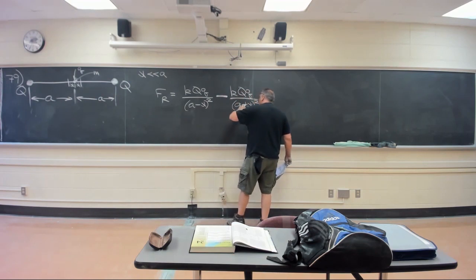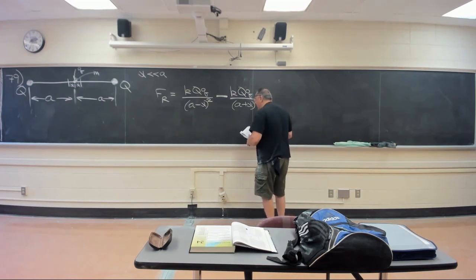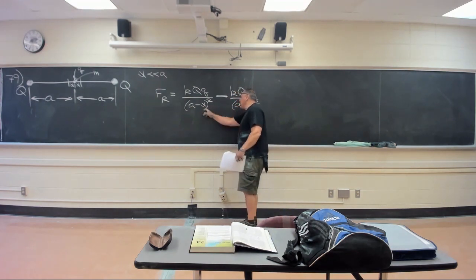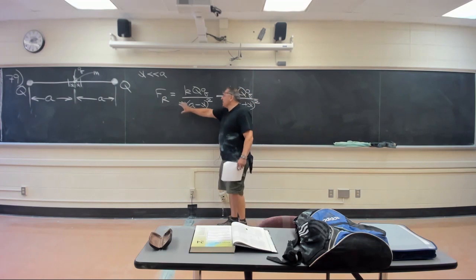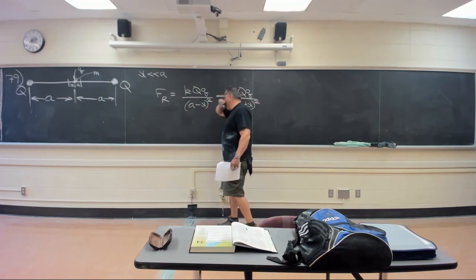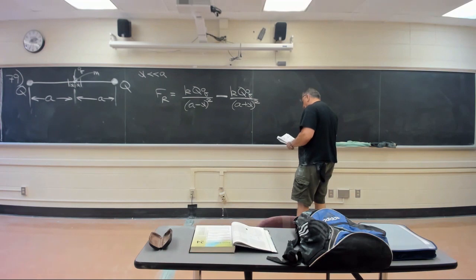Here, you're going to multiply by a special one called the quantity a minus x squared over a minus x squared. You're trying to get a common denominator. Well, multiply the two denominators together, and you get a common denominator. Then just do the special one, the quantity a plus x squared over the quantity a plus x squared, and the quantity a minus x squared over the quantity a minus x squared.